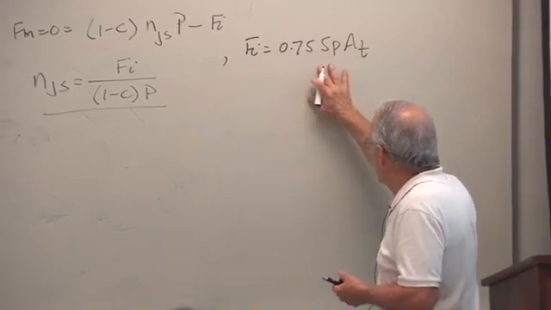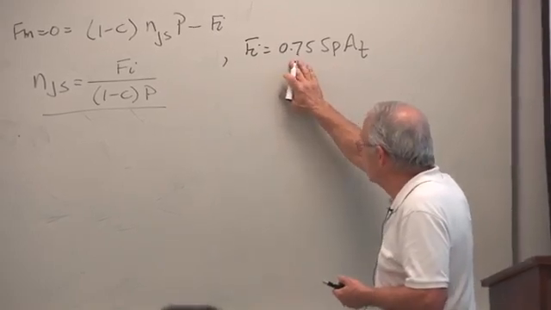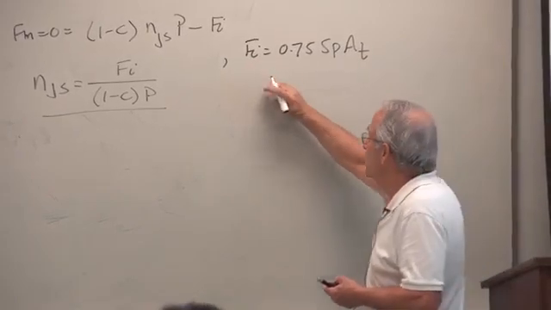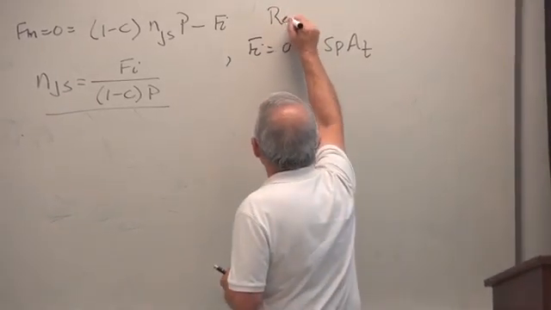Proof load, 75% of it, your preload. This is for reusable connections.